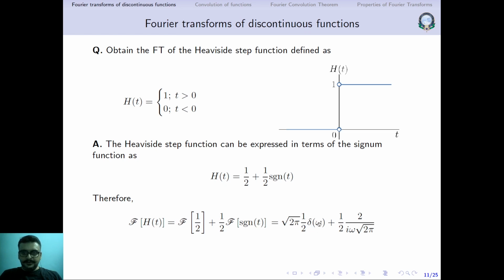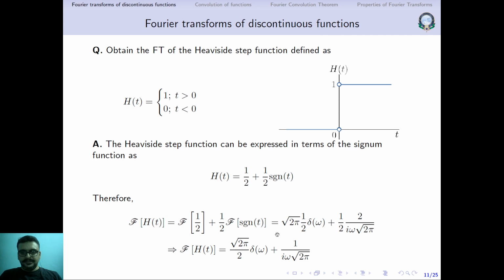of omega, the Dirac delta function in the omega space, where the peak of the Dirac delta function is at 0 frequency, and half times the Fourier transform of the Signum function. This again we have obtained: the Fourier transform of the Signum function is 2 by i omega root over twice pi. So we can just simplify this, and then we can obtain the Fourier transform of the Heaviside step function in this way.